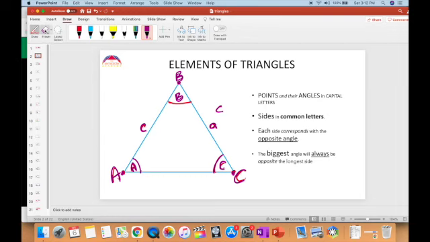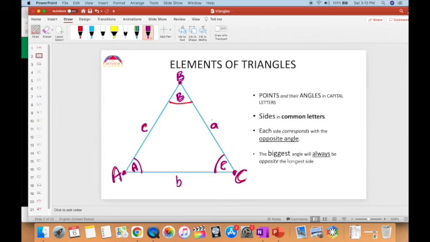Why is the side a corresponding with the opposite angle? Why did I choose to name this side a? Shazay, any idea there? What does this opposite side have to do with this angle?